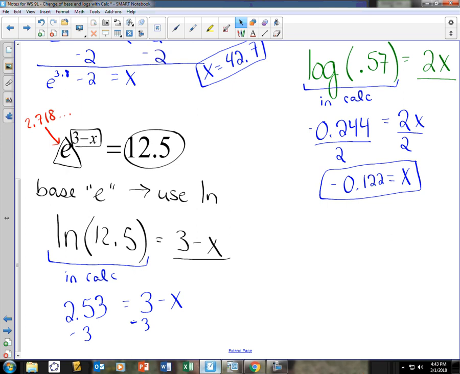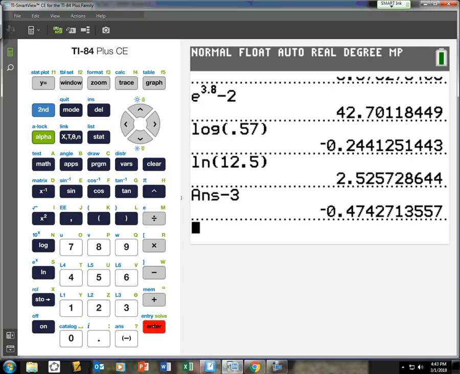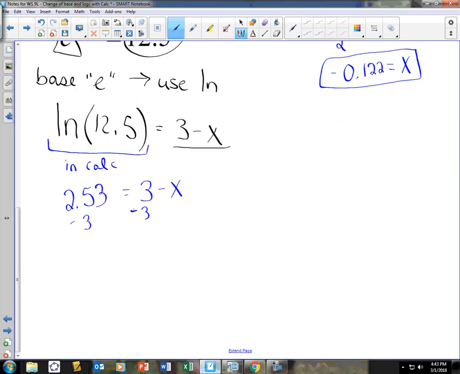So negative 0.47. Negative 0.47 is equal to negative x. Divide by negative 1 on both sides. So x is positive 0.47. And there you go. We have just solved for x.